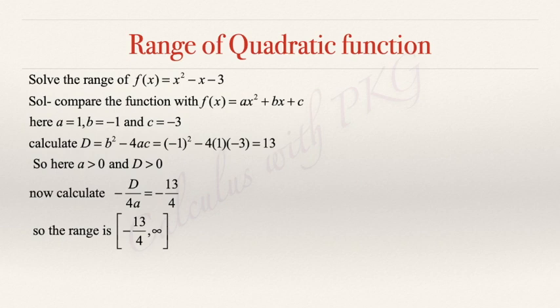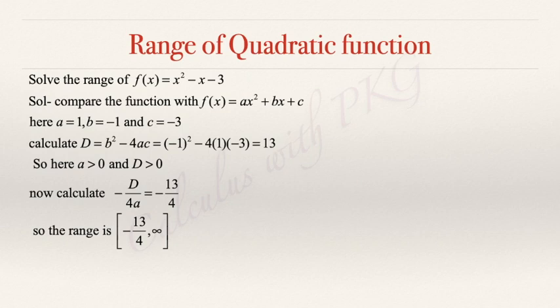So here a = 1, b = −1 and c = −3. Then calculate d, which is b² − 4ac. By putting the values of b, a and c, we get d = 13.